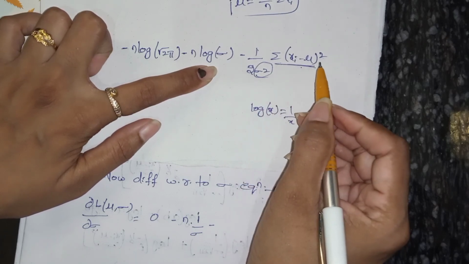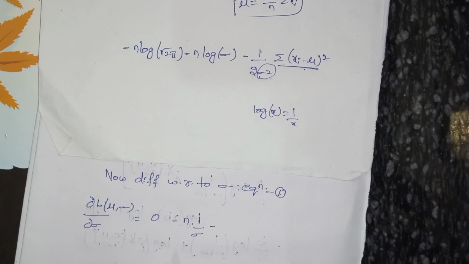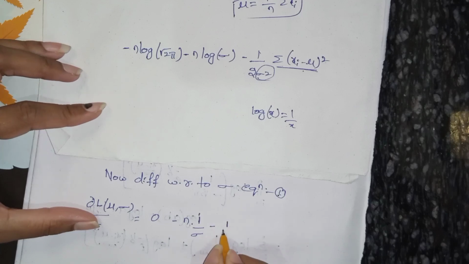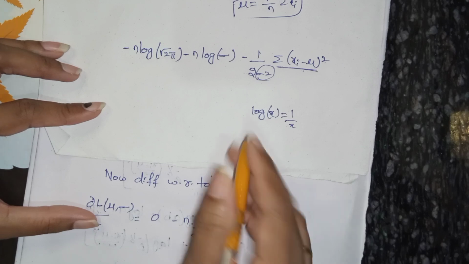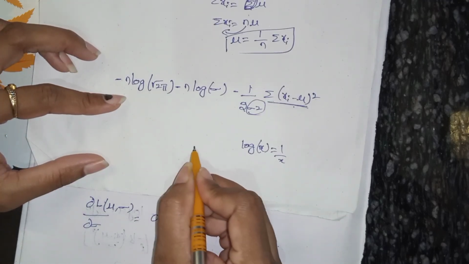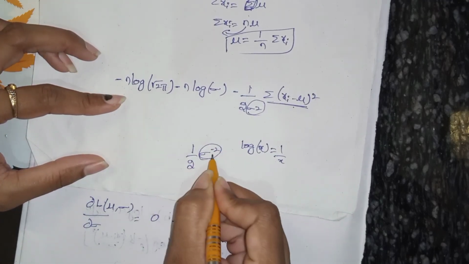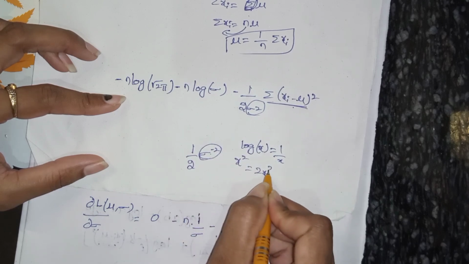What we'll get here: first I am going to write this term as 1 by 2 sigma to the power of minus 2. x to the power of 2 is nothing but 2 into x to the power of 2 minus 1, no?